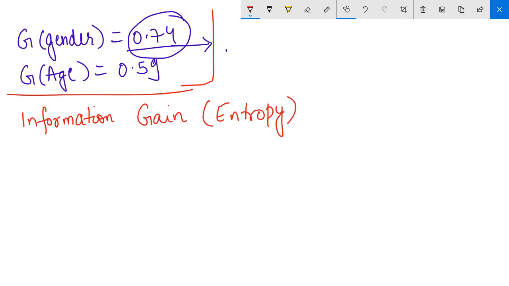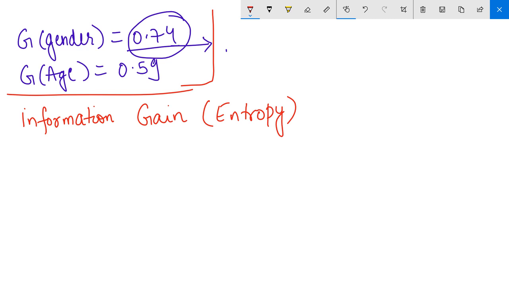Very easy, very, very easy. And you will see that it is completely opposite to your Gini index. Not opposite, you can say inversely proportional to your Gini index. And everything you will be seeing in our next lecture. It is very important as well as interesting, the information gain part.